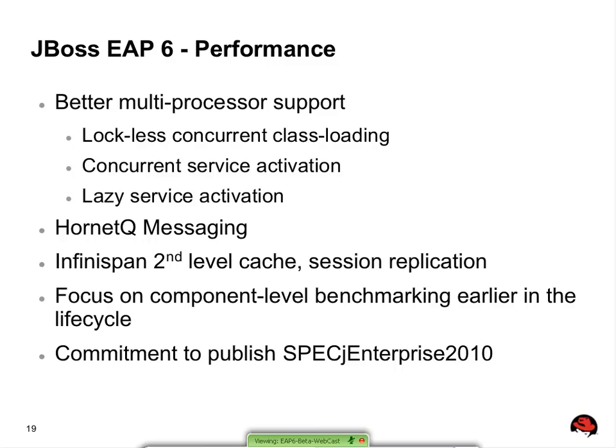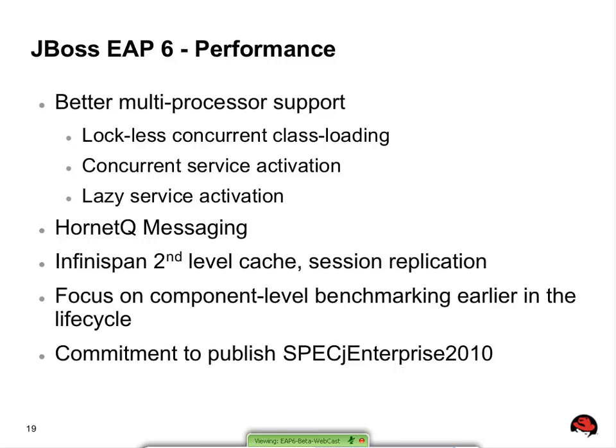Talk a little bit about performance. If you think back, EAP 4 and 5 were fundamentally based on a very, very similar architecture. Based on Java 5, JDK 1.5, 1.6. Really kind of based on last decade's technology.